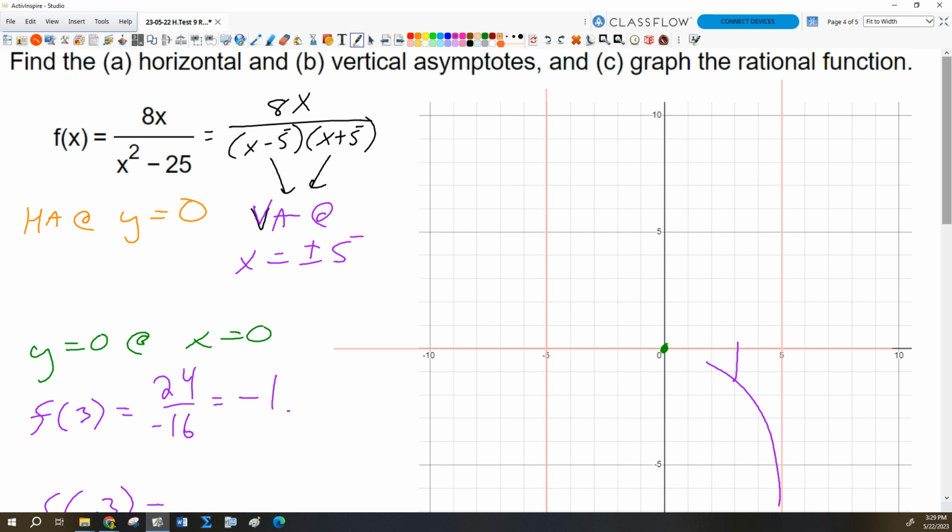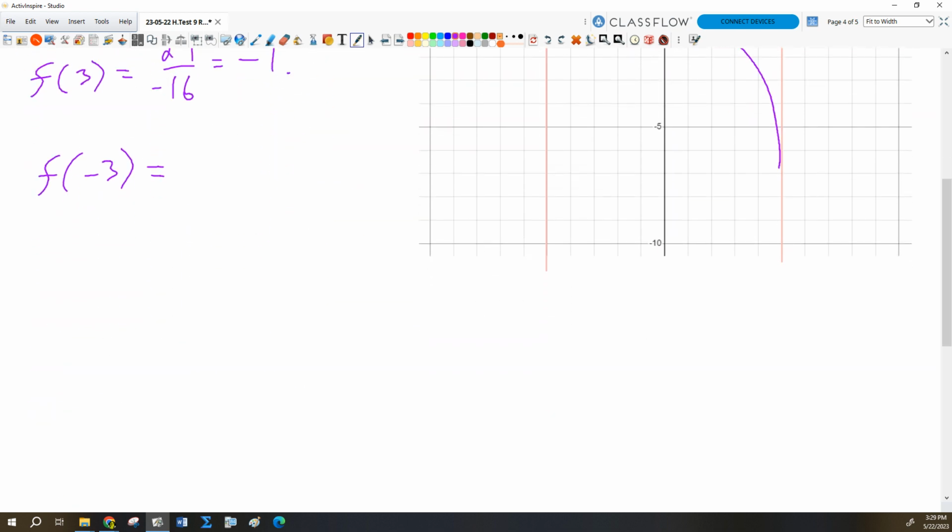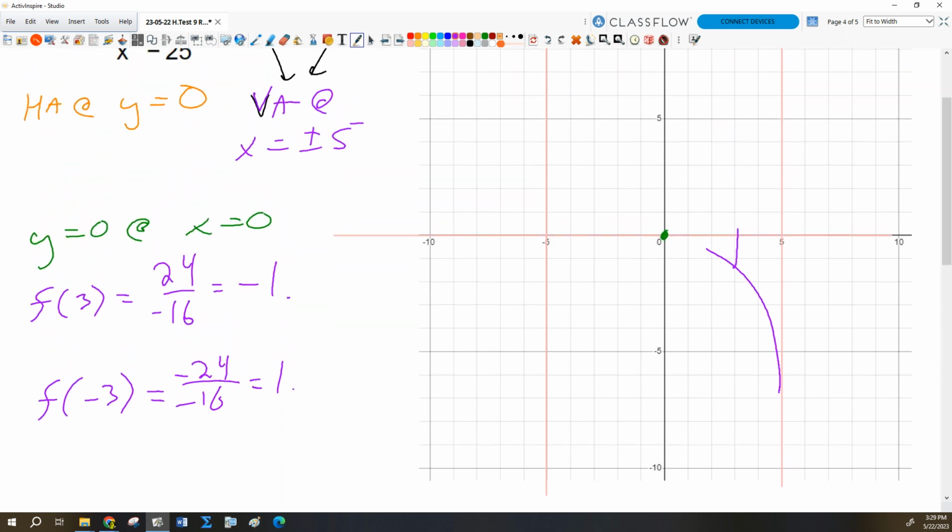Same thing, right? Because negative 3 squared is the same as 3 squared. So if I plug negative 3 in, I get negative 24 over negative 16. So that's positive 1 point something, right? So it goes back up, yeah. So it's doing that. So we know what the behavior is in the middle.